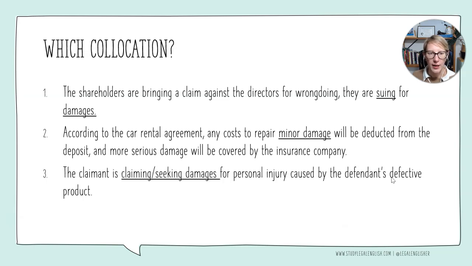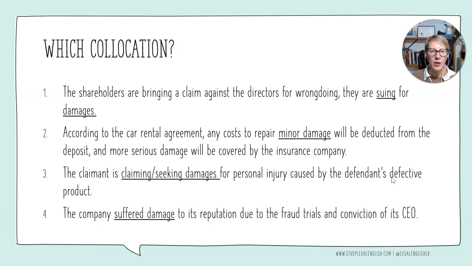Number 3, the claimant is claiming or seeking damages for personal injury caused by the defendant's defective product. Okay. And number 4, the company suffered damage to its reputation due to the fraud trials and conviction of its CEO.